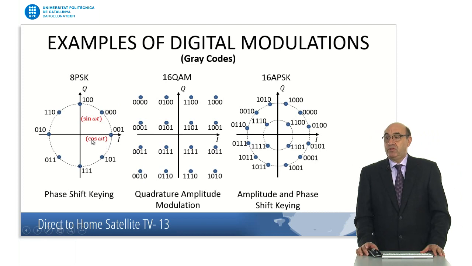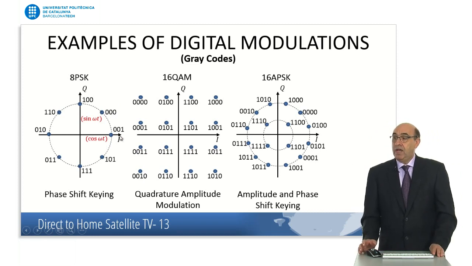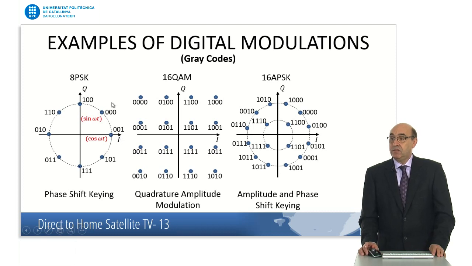The representation here is in a complex plane, with 2 axes. This is the real, the in phase, and this is the quadrature, 90 degrees out of phase. That means that we are just using 2 orthogonal signals of the carrier frequency to be modulated. If this is a cosine, then the orthogonal is a sine.